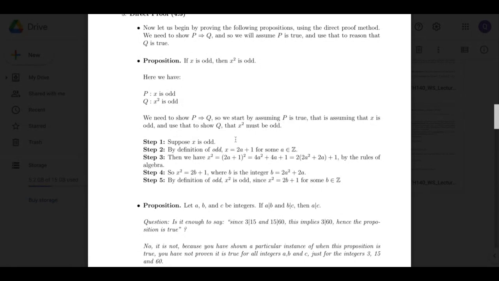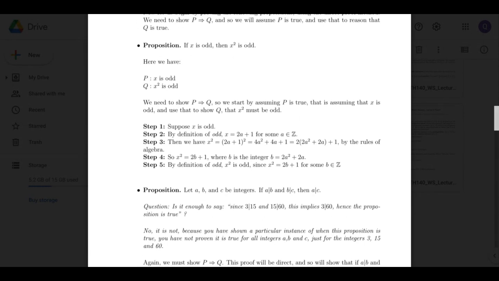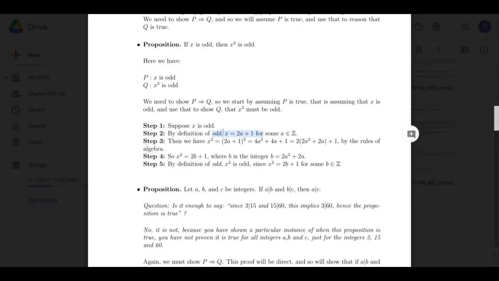Remember we said an odd number we can write as 2a plus 1, right? So we assume x can be written as 2a plus 1. Then we calculate x squared: x squared equals 2a plus 1 squared, which equals 4a squared plus 4a plus 1.